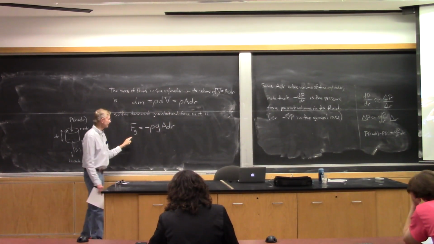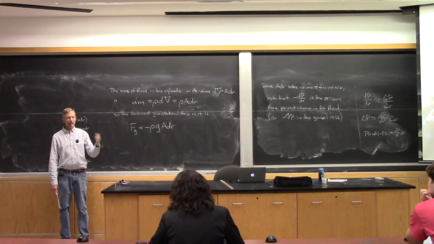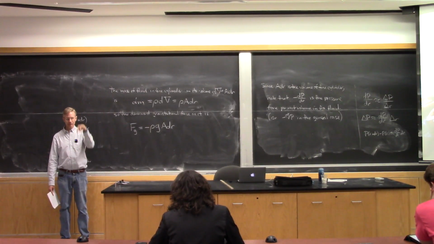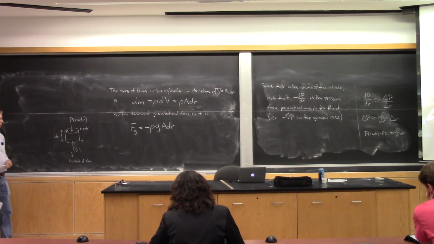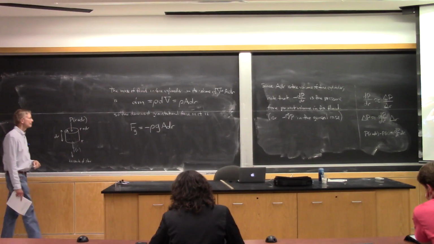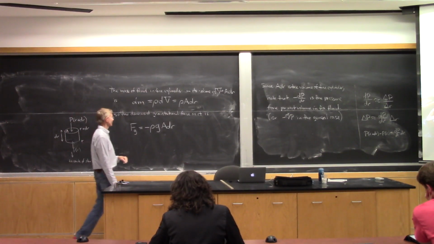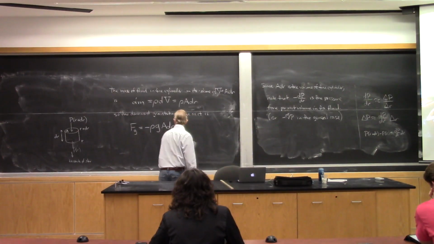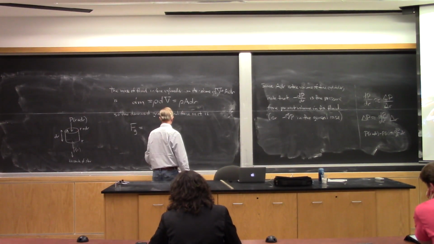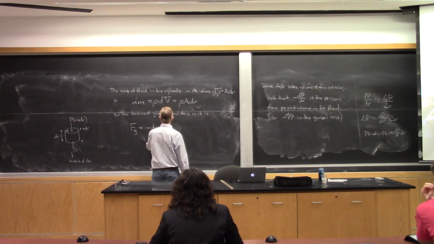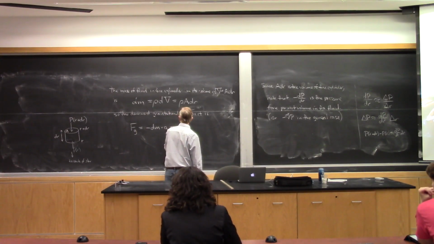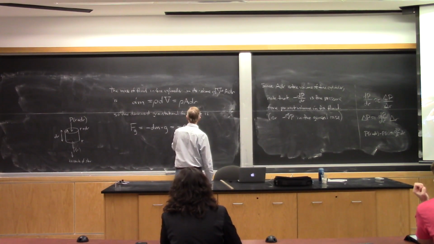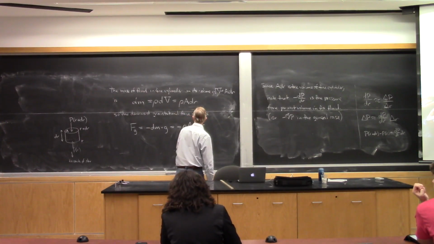The force of gravity is minus dm times g. Minus because it's pointing downwards, that's what the minus sign says. And dm is rho A dr. Maybe I'll put a little thing in between just to emphasize, in case you're looking back later and wonder what. It's minus dm times the local acceleration due to gravity, so it's minus rho A g dr.